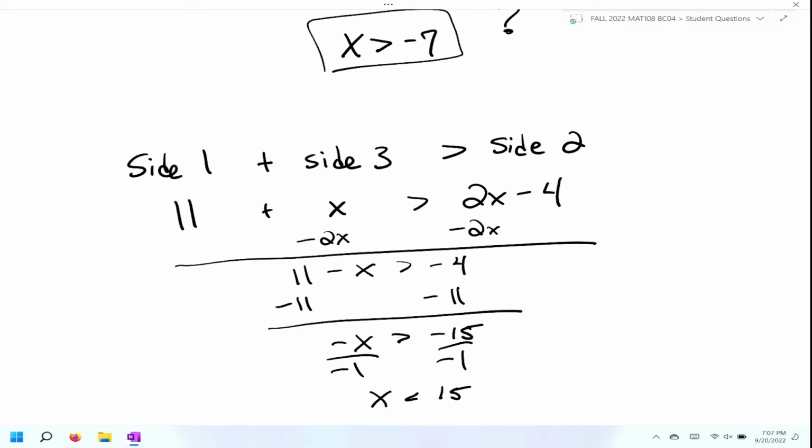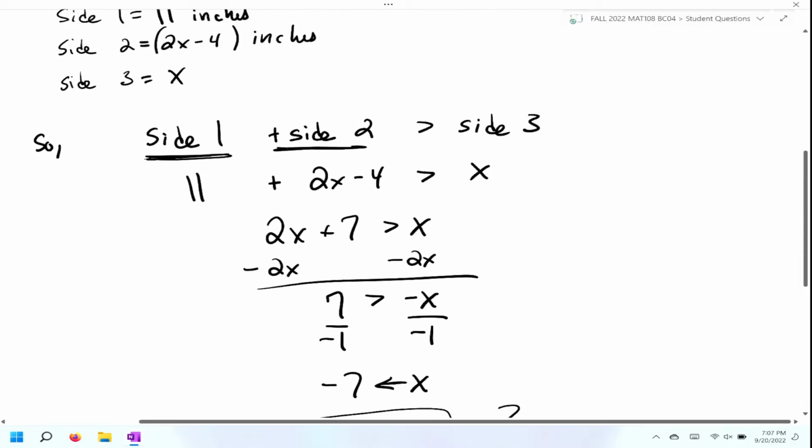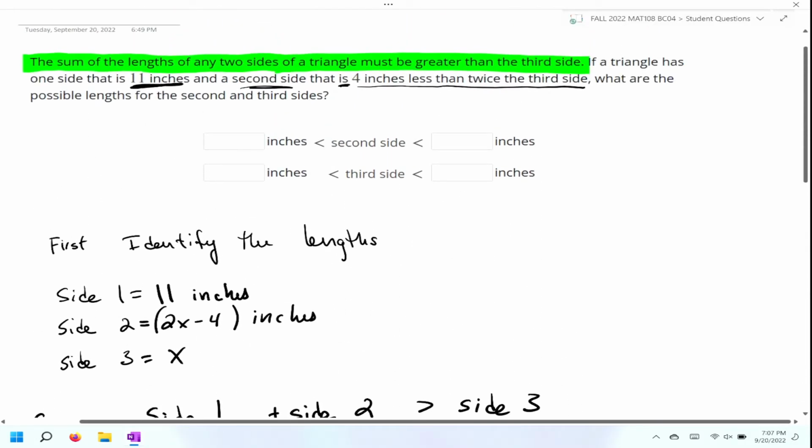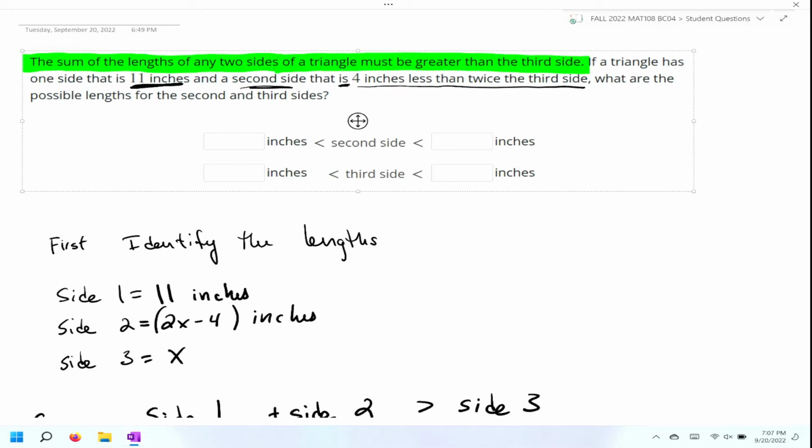So here's what we know. I'm going to scroll up so we can see this. We know that either the second side or the third side, or better yet, I don't even want to say that. What we know is this third side has to be either greater than 15 inches or less than 15 inches.